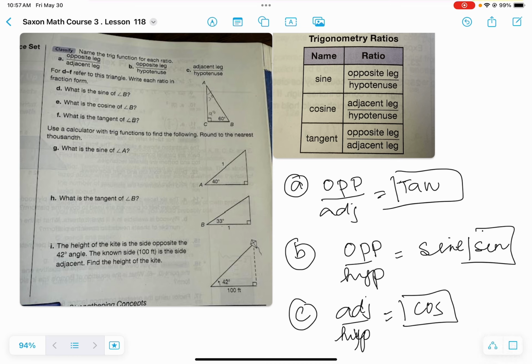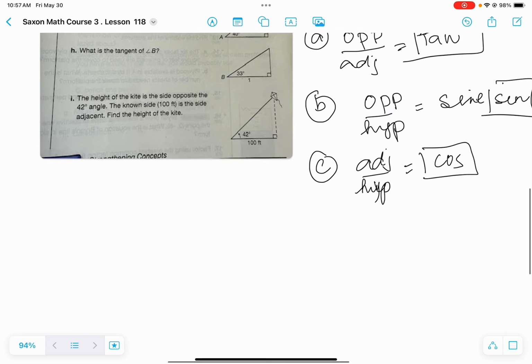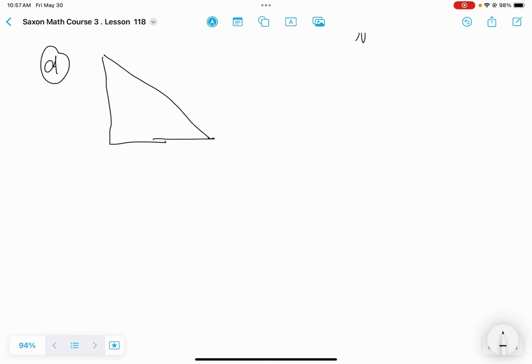Okay, D. We are given a triangle with a 60 degree angle at B, and we need to find sine of B. Since we can't see it on this screen, I'm going to draw the triangle.